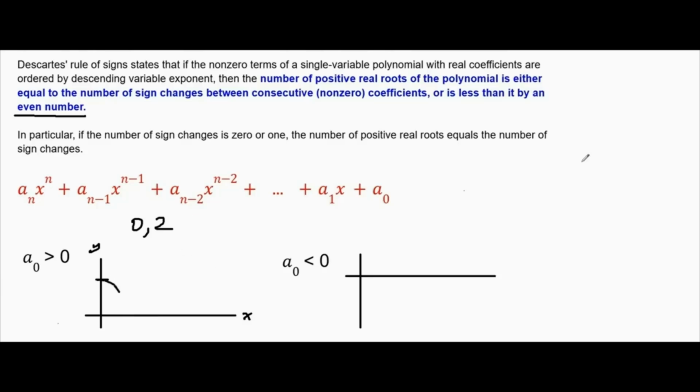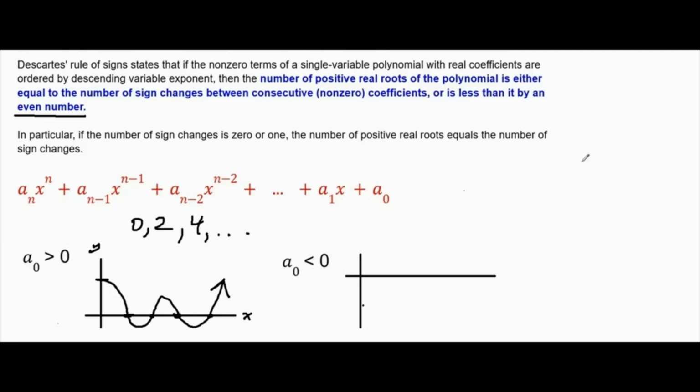Or it could come down and go up, and come down and go up again, in which case that would be 4. But notice, because every time it goes down it has to come back, that's going to create increments of 2 zeros. And so there couldn't be 3 positive real roots, for instance. So this would be the scenario for the possible number of real positive roots if this is positive.